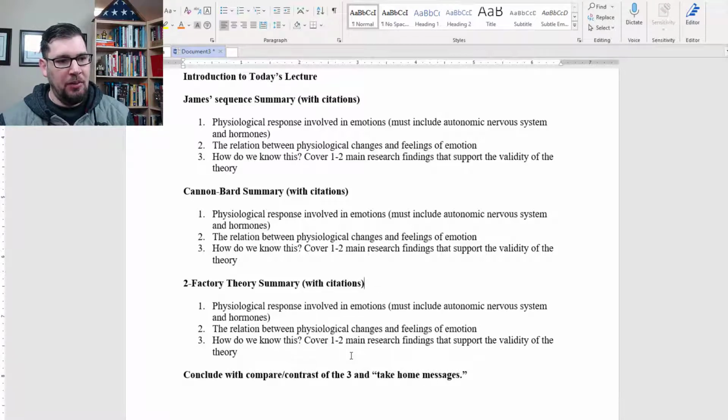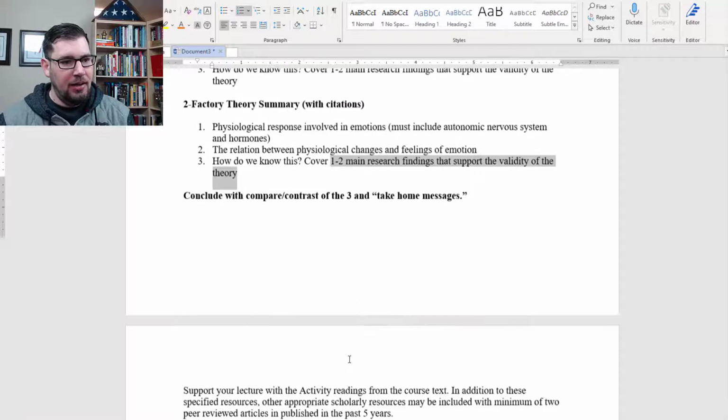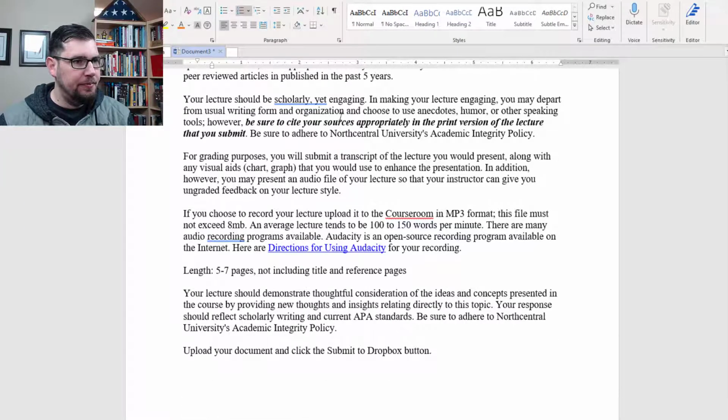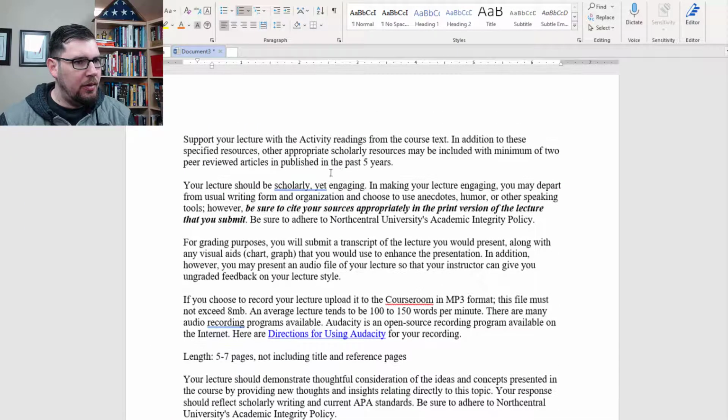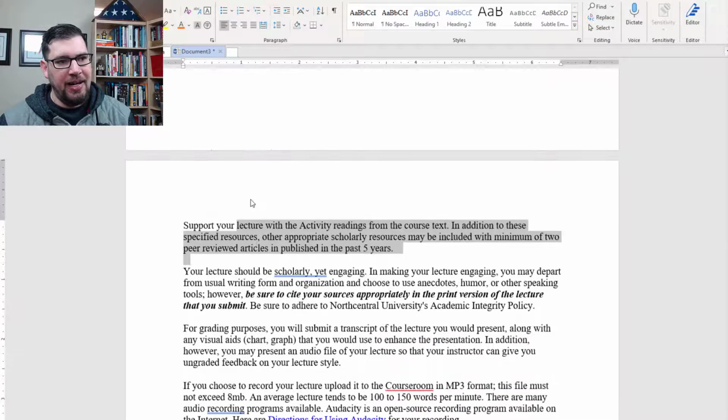And so at minimum, you're going to have it, although it says, what does it say? Use the activity readings and then other appropriate resources with a minimum of 2 peer-reviewed articles in the past 5 years.